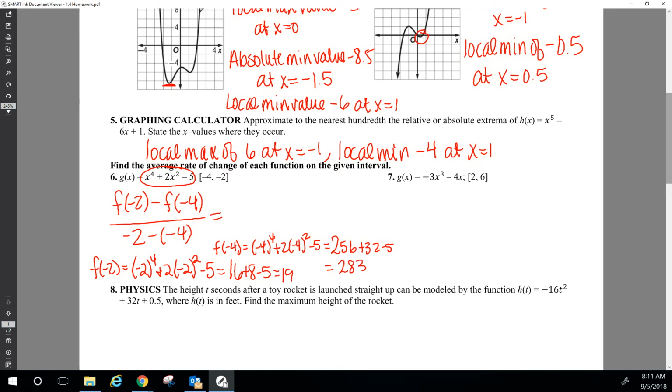So here we've got 19 minus 283 all over -2. Remember, negative times a negative makes this plus 4. 19 minus 283 would be -264. 4 minus 2 would be positive 2. So 264 divided by 2 is 132.